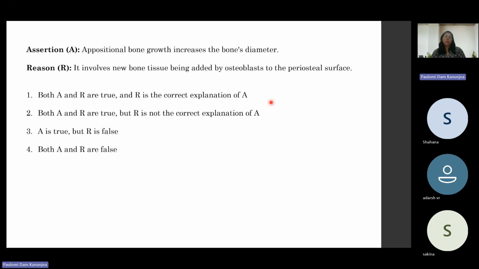Appositional growth, bone growth that we now know is increasing the bone's diameter. Second, the reason for this is it involves new bone tissue being added by osteoclast to the periosteal surface. Are these both statements correct? And we have discussed this, so this should be easy for you to answer.